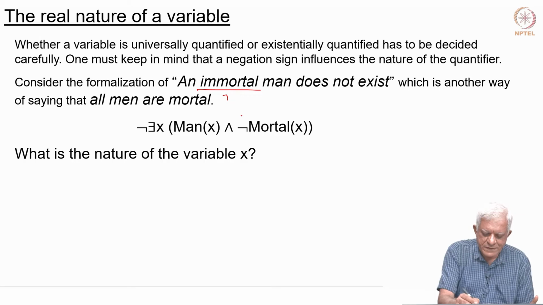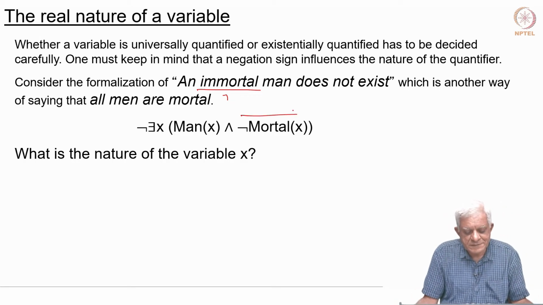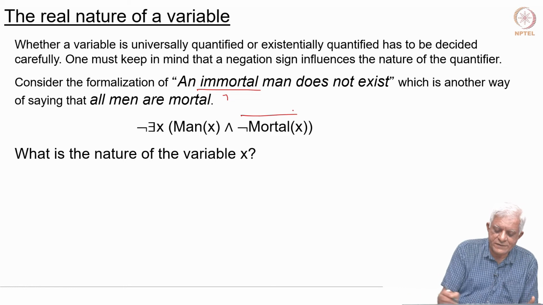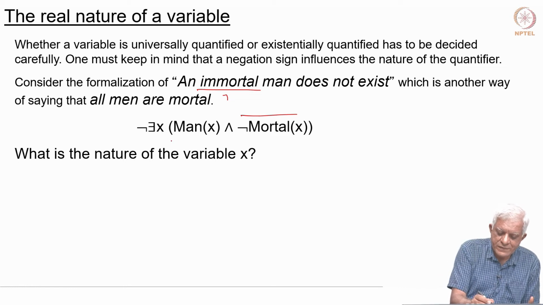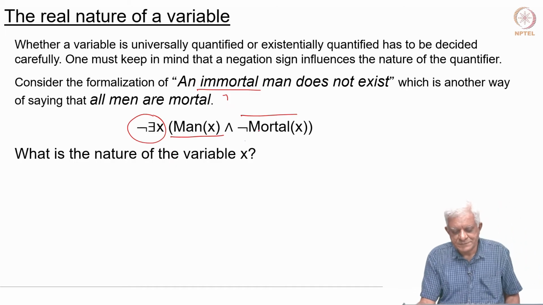That is how it has been written here. So, immortal is the same as not mortal. We want to say that an immortal man does not exist. So, we are saying it is not the case that there exists an x such that x is man and x is not mortal.